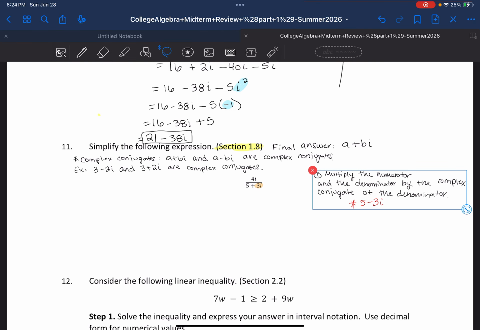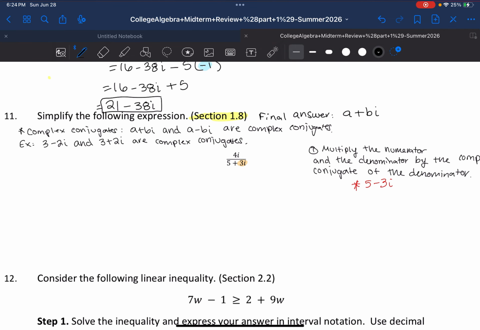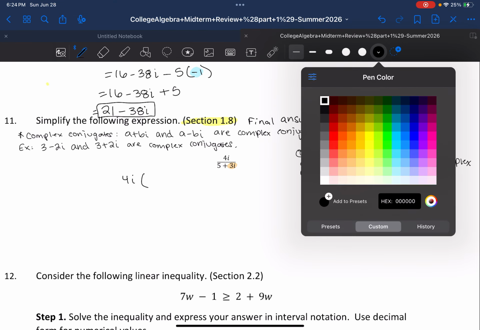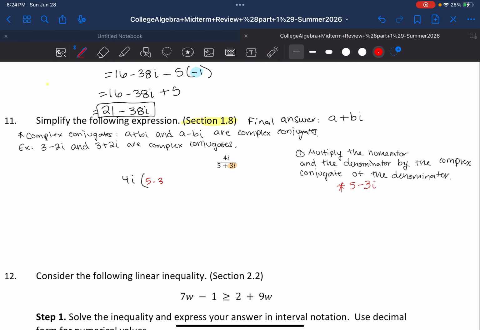I'm just writing this to the side, but I'm about to actually do it here. Okay, so we're going to take 4i and multiply it by 5 minus 3i.